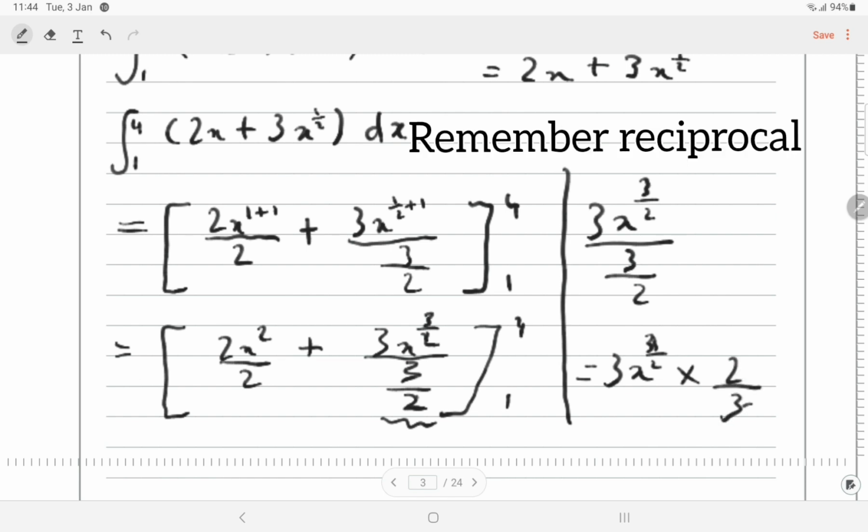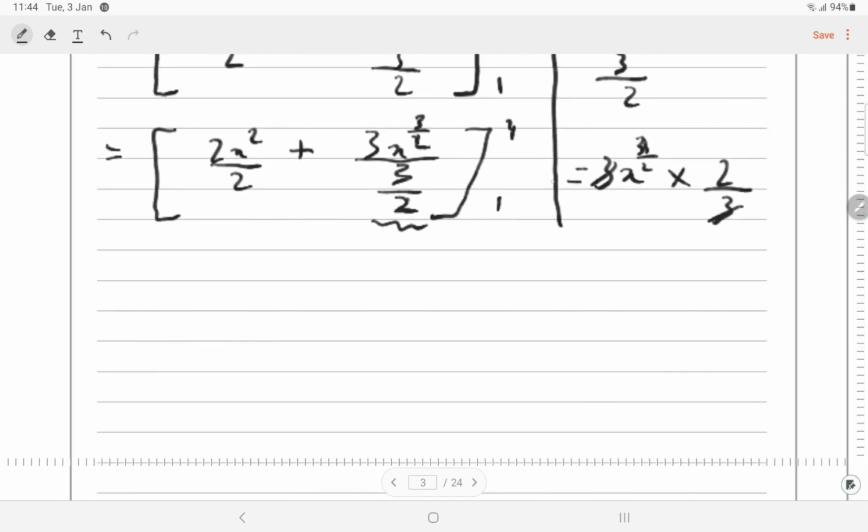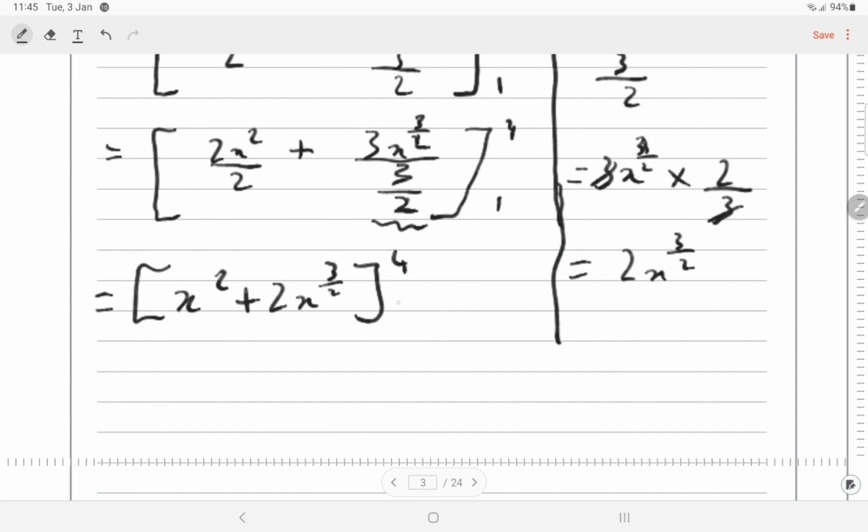That's what it really is. And when you cancel them out, you get 2x to the power 3 over 2. So we can rewrite it as x squared plus 2x to the power 3 over 2. Obviously the square brackets 4 and 1.